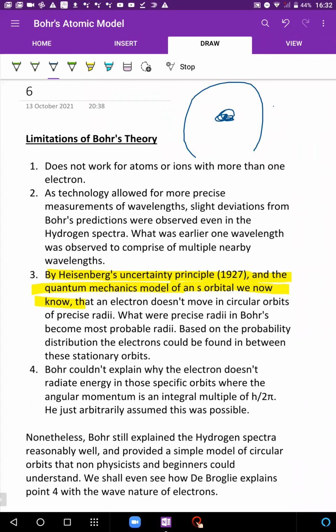It's not a circular orbit. In fact, it's spherical in shape. Moreover, it's not कि एक पतला सा thin sphere है जिसमें electron move करेगा. Rather, it's an entire region. It's a cloud-like region जहाँ पे there is a probability distribution of finding the electron at a particular place.